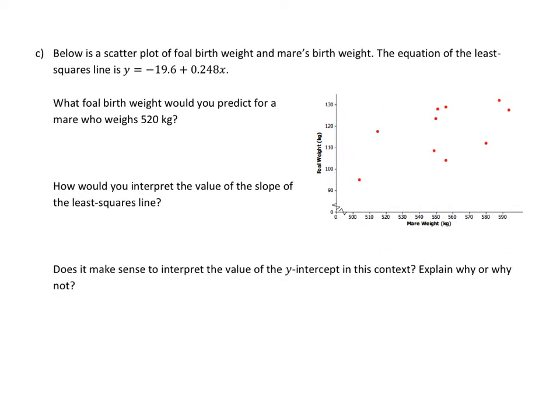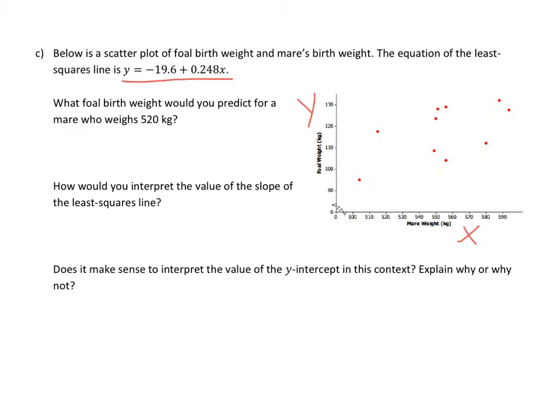Below is a scatter plot of foal birth weight and mare's birth weight. The equation of the least squares line is y equals negative 19.6 plus 2.48x. It gives us our linear regression equation, or our line of best fit equation. Therefore, we don't have to do anything in the calculator. What foal birth weight would you predict for a mare who weighs 520 kilograms? If we look over at our table, our mare weight is on the x-axis, and our foal weight is on the y-axis.